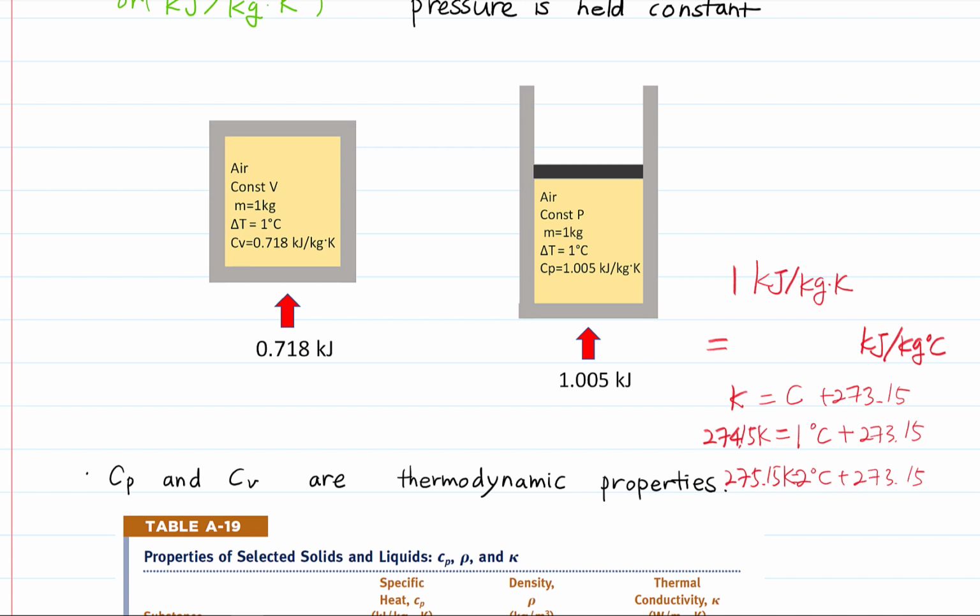So a change of 1 degree Celsius equals a change of 1 Kelvin. So we conclude that kilojoule per kilogram Kelvin is identical to kilojoule per kilogram degree Celsius.